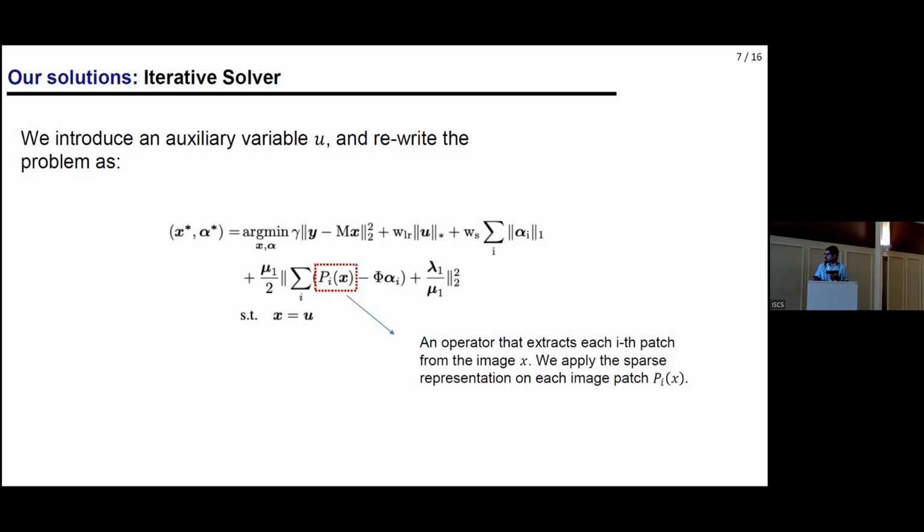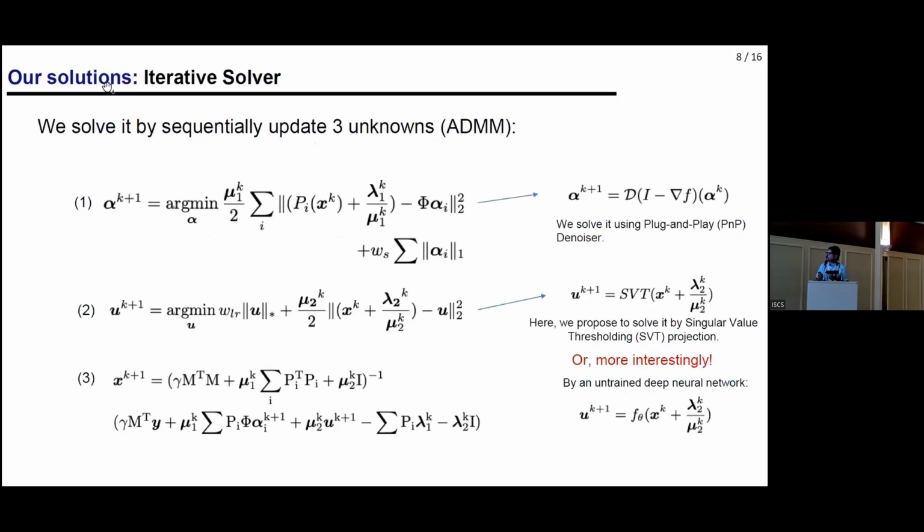The conventional solution based on this model, which showed really good results before the popularity of deep neural networks, is that you update alpha to find alpha k plus 1.